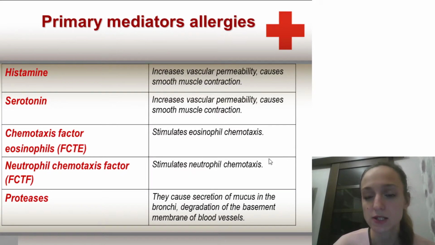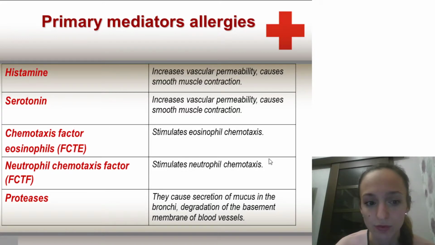Primary mediators of allergies: first of all, histamine. This mediator increases vascular permeability and causes smooth muscle reaction. Serotonin increases vascular permeability and also causes smooth muscle reaction.